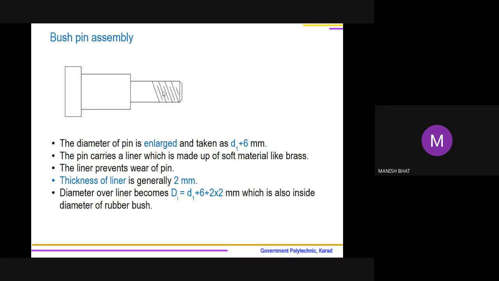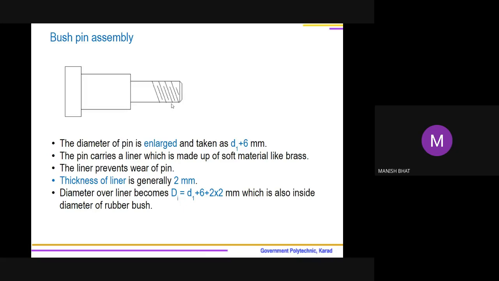As the liner is provided, what will be the diameter over the liner? D1 is this diameter. This diameter is enlarged. As it is enlarged, it becomes D1 plus 6 millimeter. So 6 millimeter is added for enlargement.